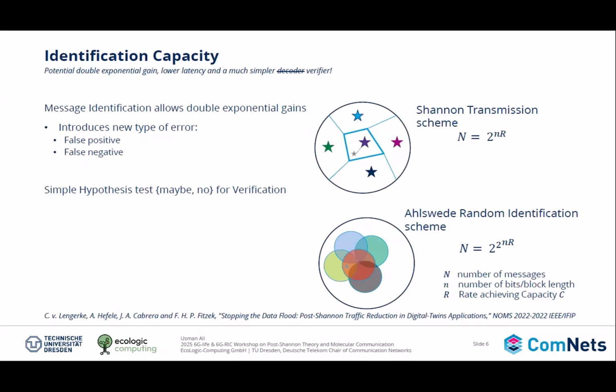Then these are some of the results that we hope to achieve with this kind of code. So in Shannon's transmission scheme, we get this 2 to the power n times the rate, which hopefully achieves the capacity. And this is how much we can do with the traditional codes, the channel codes and the source coding algorithms that we have in our current systems. And now with the random identification scheme, this is what hopefully we are planning to achieve: the double exponential gain in the number of messages that we can send.